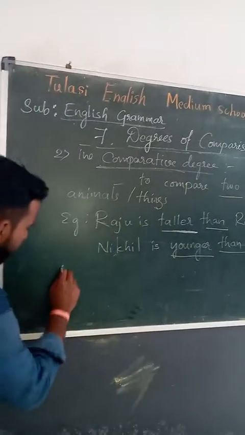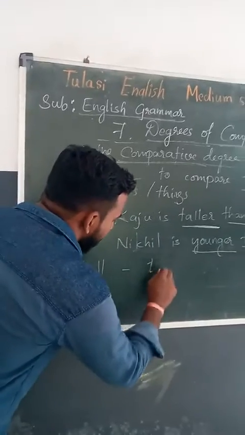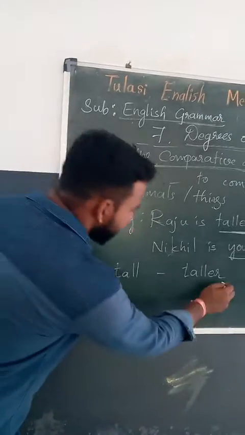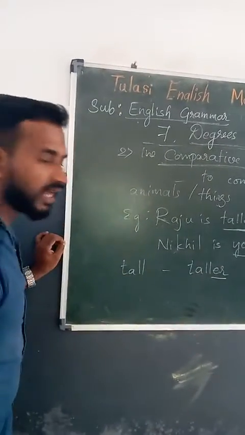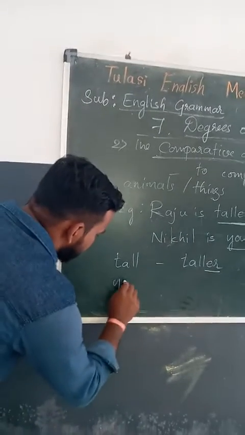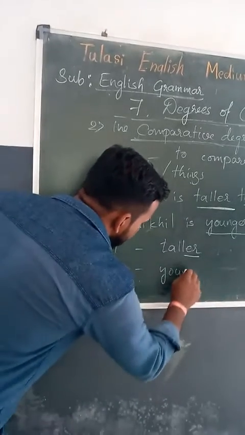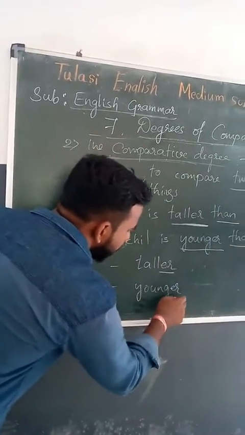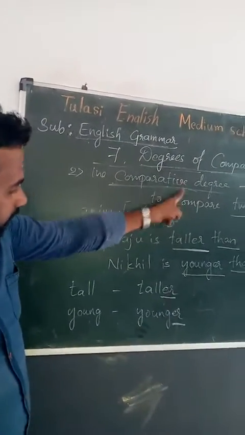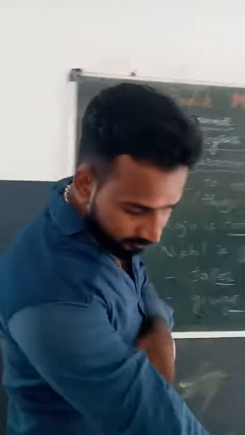See here in the positive degree we use tall. In the comparative degree we use taller. See, what is the change? We add ER. Young, we added ER to the adjective we use in the positive degree.